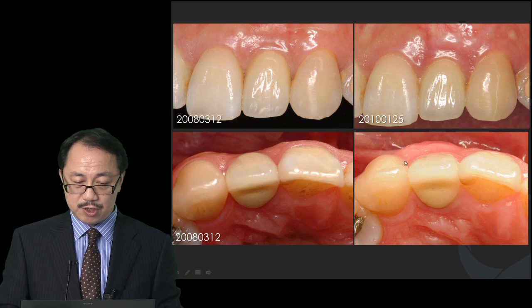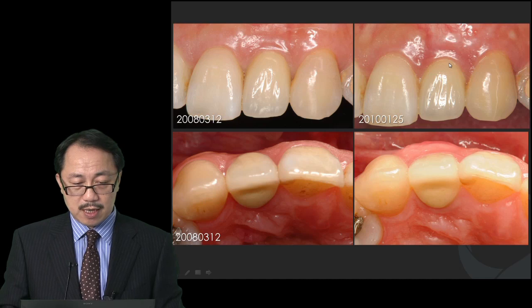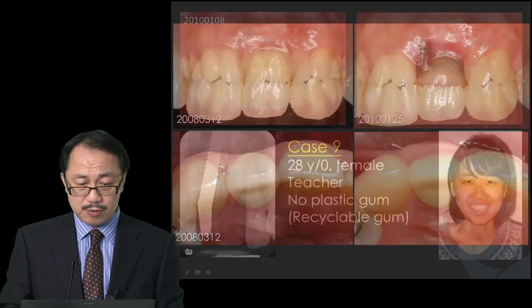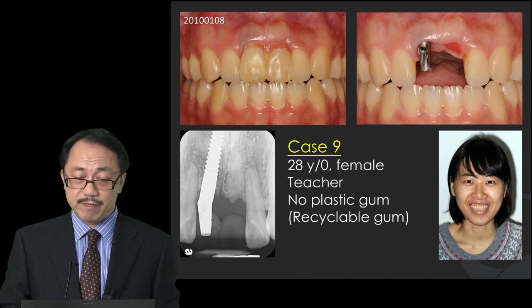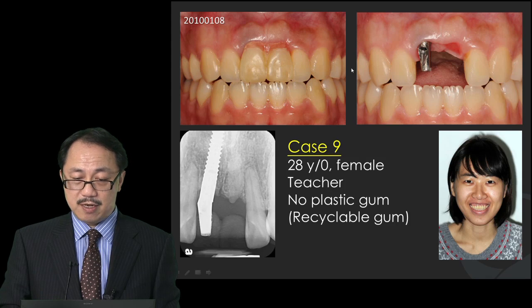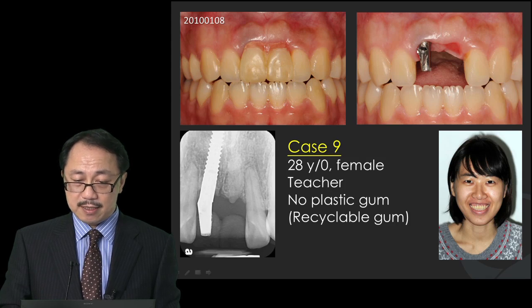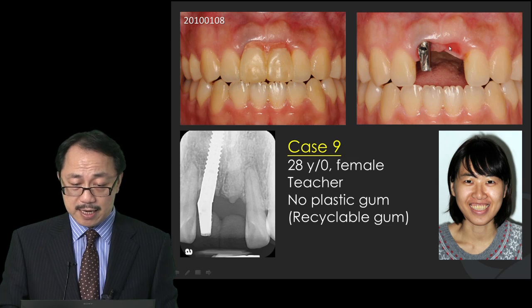Now, there's another case where we were able to utilize soft tissue grafting to augment not just the buccal aspect of the implant and dentures area, but also the interdental space of these two teeth, number 9 and 10, and number 8 and 9.